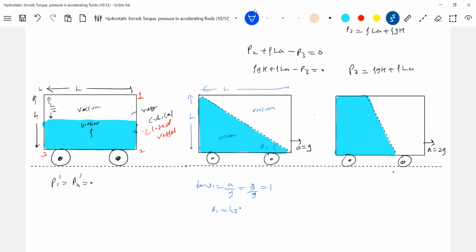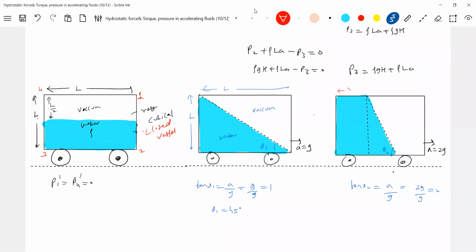Now this will be the tan theta. So we are very sure what is tan theta. So with this, we can break this up.